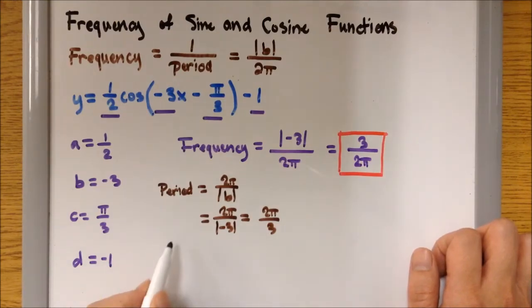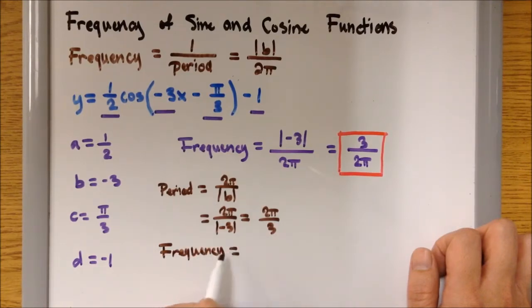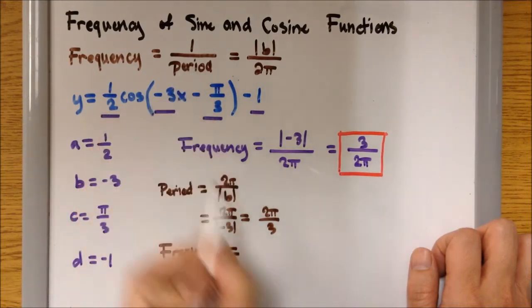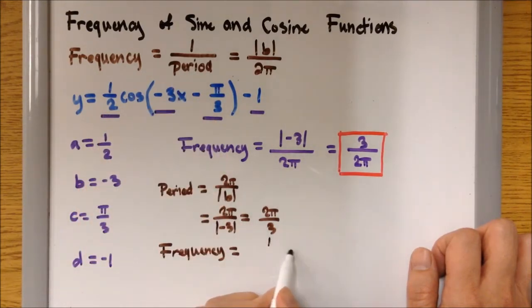Now when we're doing frequency, frequency was right here, 1 over the period, so 1 over 2 pi over 3.